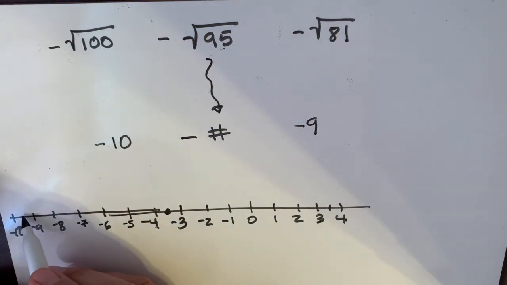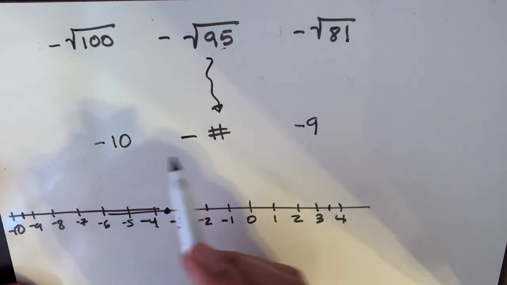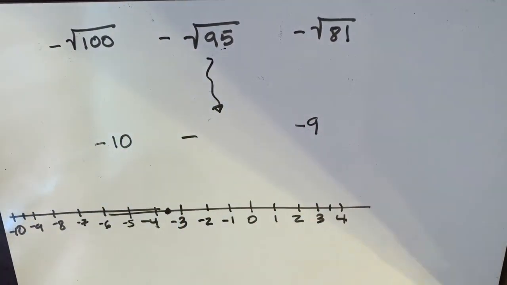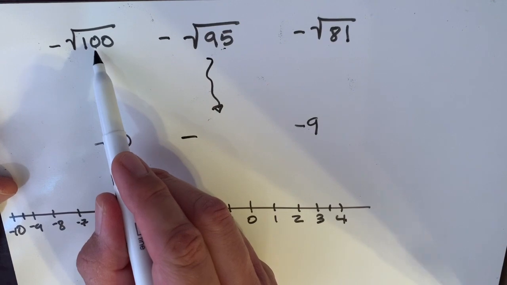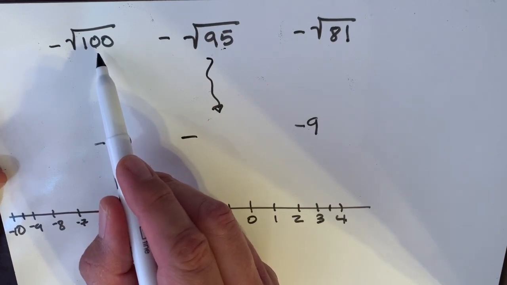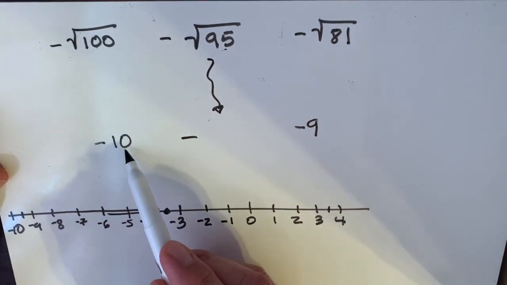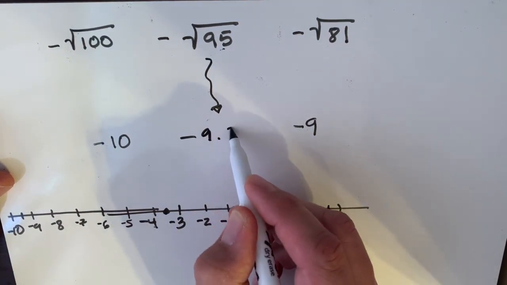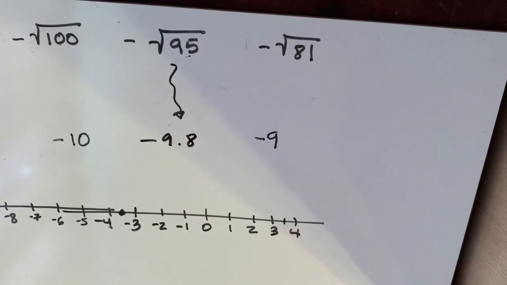Our number is going to be somewhere between here. So it's -10 and -9. So between -10 and -9, that's where our number is, closer to the negative square root of 100. So it's going to be closer to -10. So again, approximately -9.8.